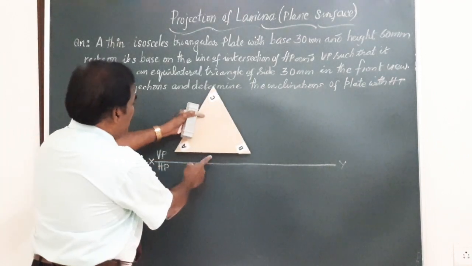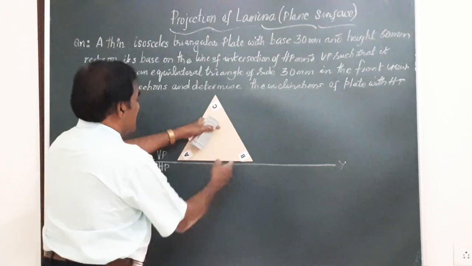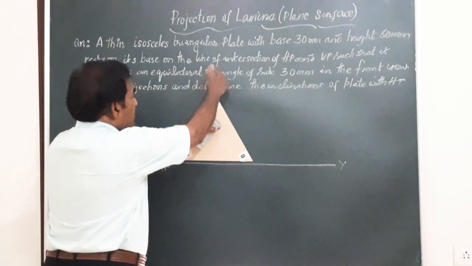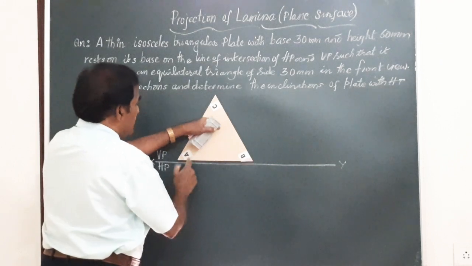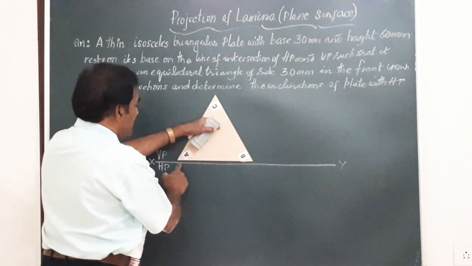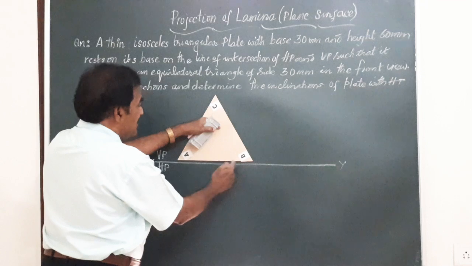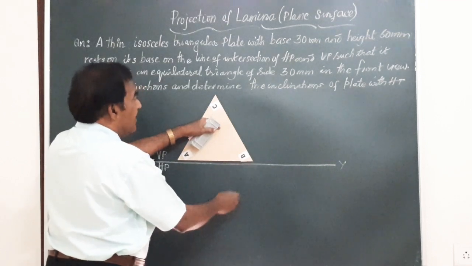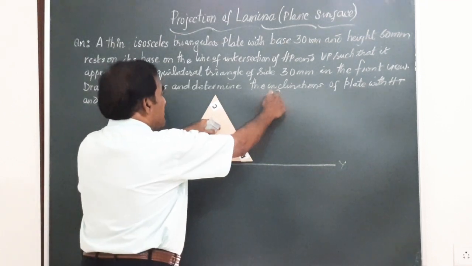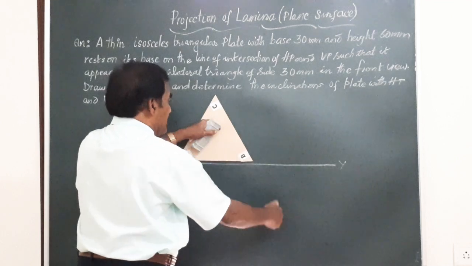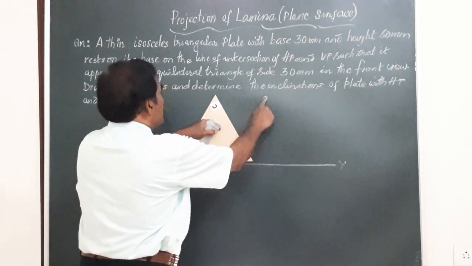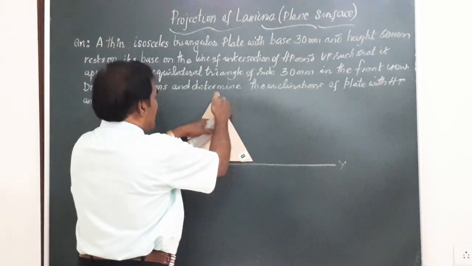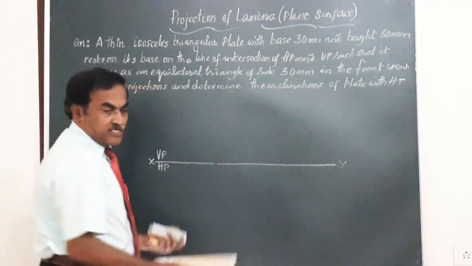So, I am going to place this here on XY. The front view is the triangle; the top view, when you look from the top, the shadow that will fall on this. So, you are going to get in the top view A, midpoint is C, this is B on that itself. And in the side view, if you write the X1, Y1 line, that reference line, the line of intersection of the VP and the right profile plane, you are going to get a vertical line of length equal to the height of this triangle.